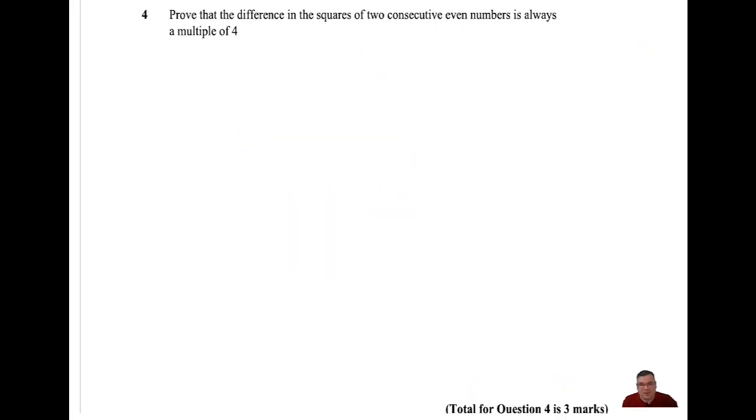The second question is: prove that the difference in the squares of two consecutive even numbers is always a multiple of 4. Even numbers we always write in the form 2n, like 2, 4, 6, 8, right? So we assume the first even number to be 2n.